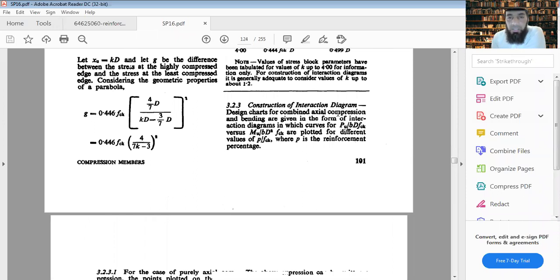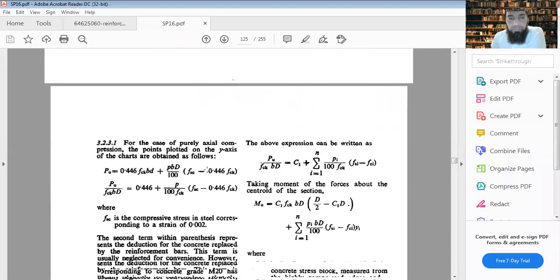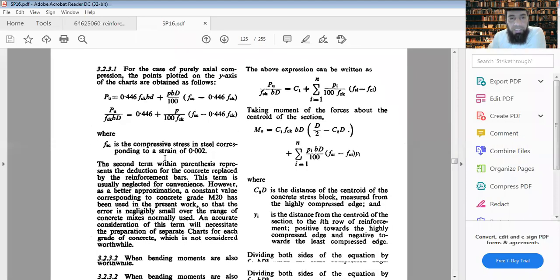The design charts for combined axial compression and bending are given in the form of interaction diagrams, in which curves for Pu by bD fck versus Mu by bD square fck are plotted for different values of p by fck, where p is the reinforcement percentage. So now these are the charts.